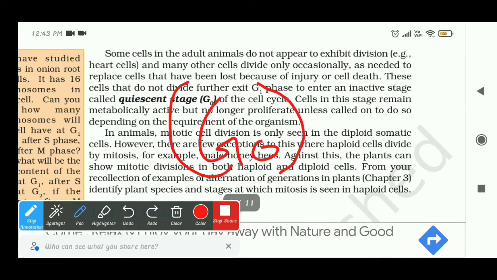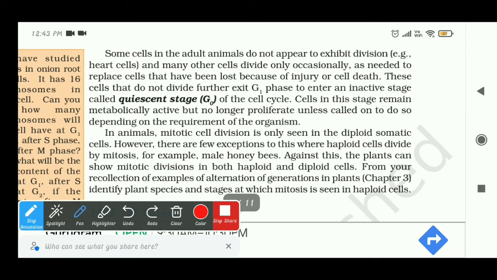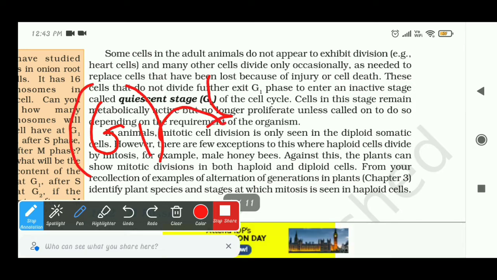The cells which do not appear to exhibit division, or only divide occasionally or when needed, will exit the G1 phase and go to the quiescent stage, G naught. Cells in this stage remain metabolically active but no longer proliferate unless required, depending on the requirement of the organism.